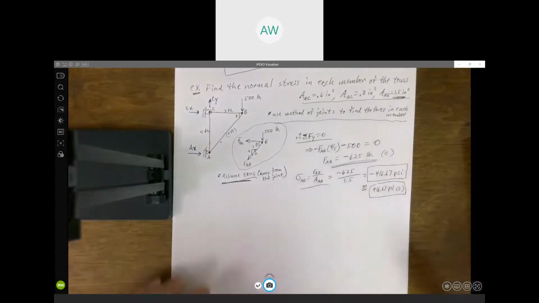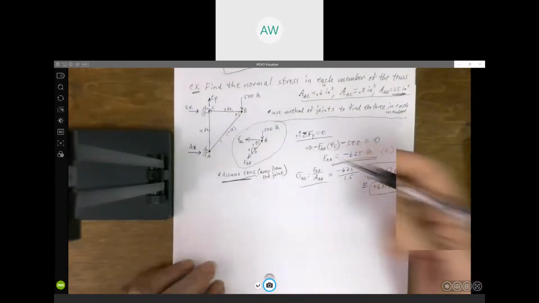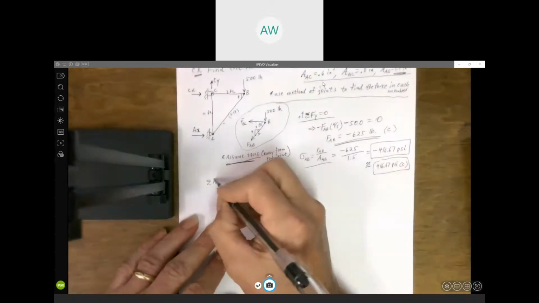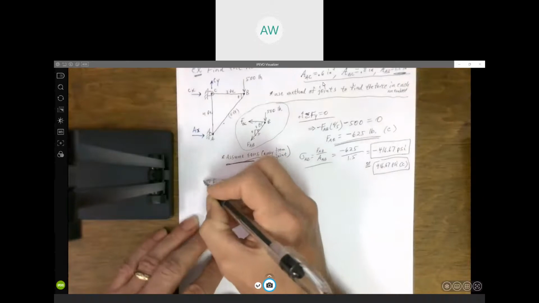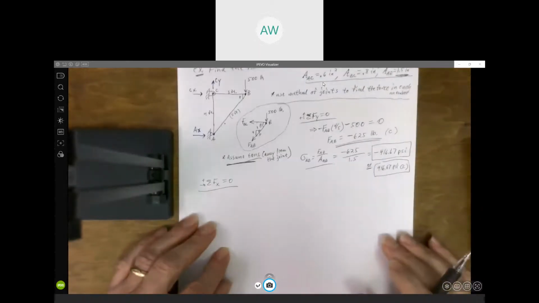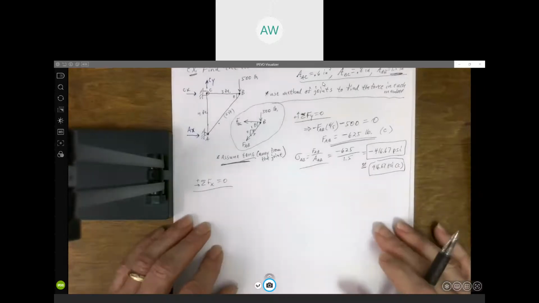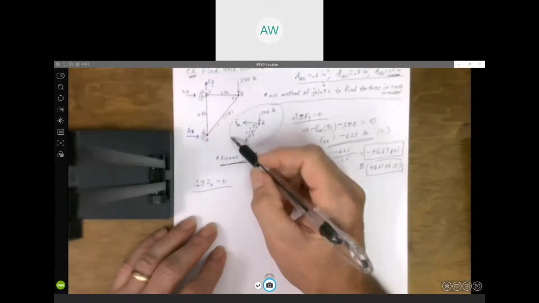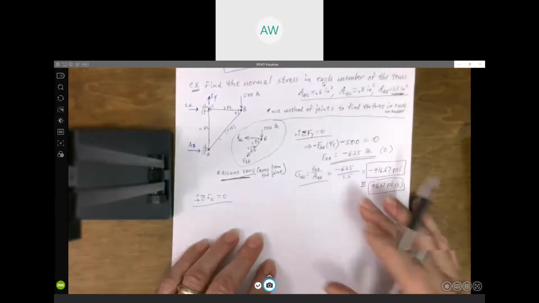Okay, then let's continue. We'll sum the forces in the x direction. They have to add up to 0. I'll take positive to the right because that's what I see most students do. We're still looking at this free body diagram up here.